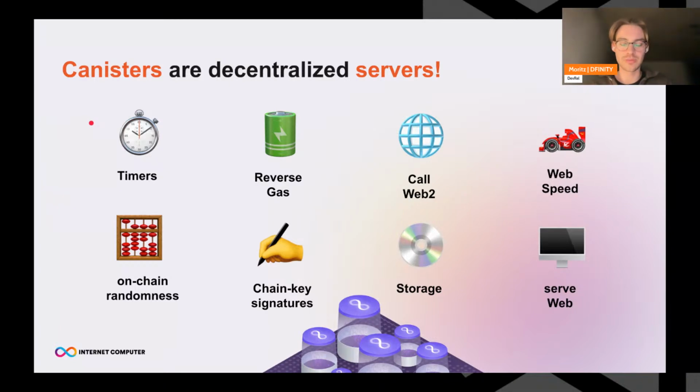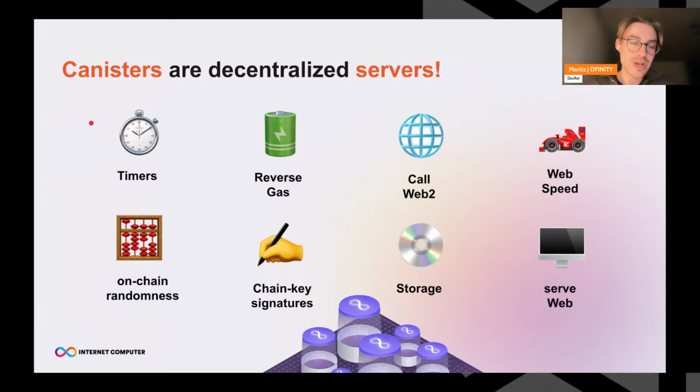So if you are building a dApp, you can really build a dApp that caters for a good user experience, because your users don't have to wait until a message is finalized. And usually when they interact with a dApp deployed on the Internet Computer, they don't realize that it's currently running on a blockchain. And that is due to the reverse gas model, so they don't need to have any ICP or something, and also due to the fact that it's very fast when processing messages.